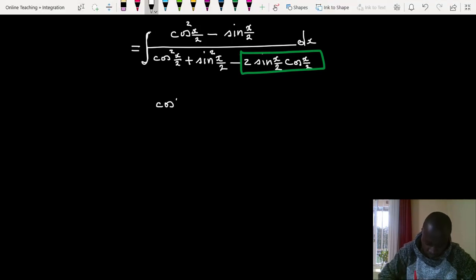Use the space product to express the numerator and the denominator.